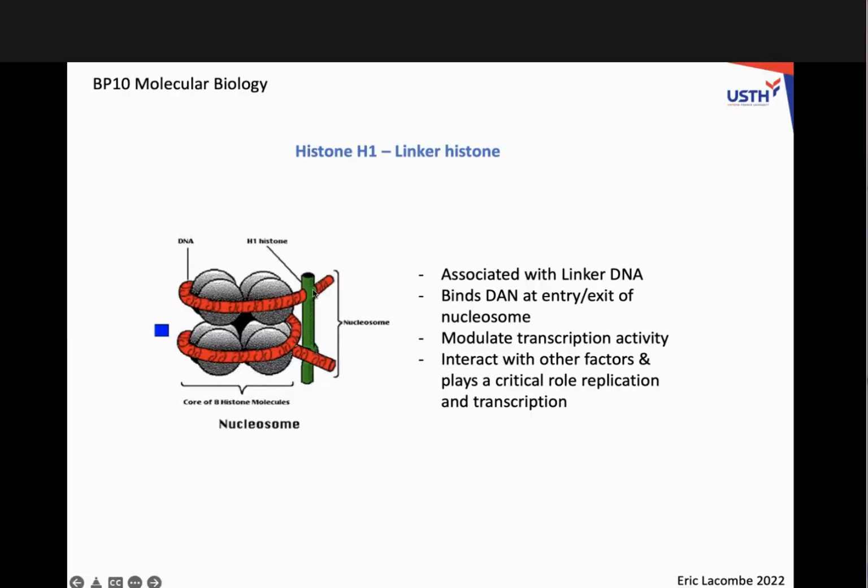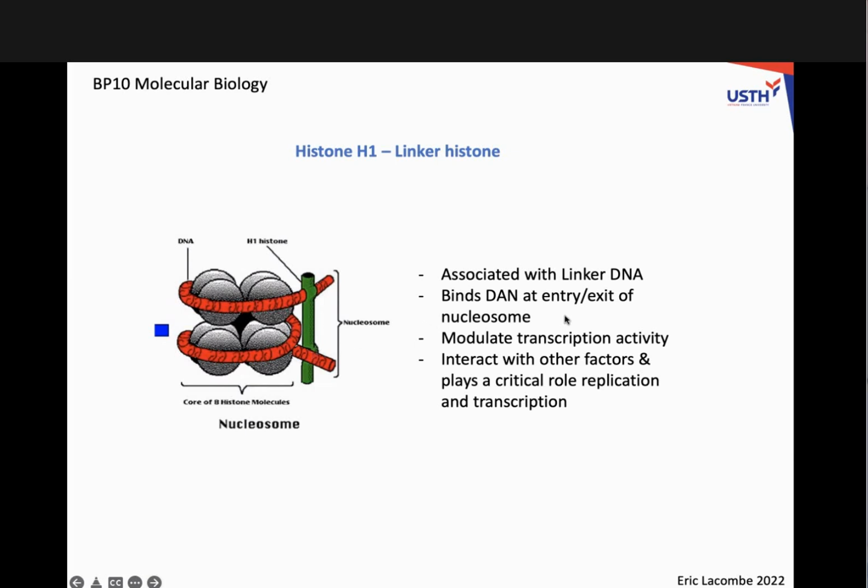So you see interaction between H1 and DNA. It's not in the 2 rounds of DNA, but just when the spacer DNA starts to enter the 2 loops and when it exits the 2 loops.